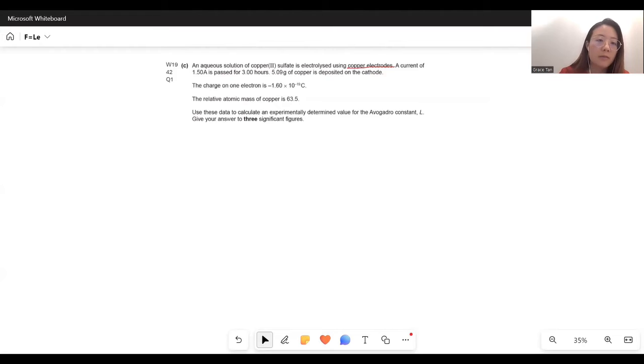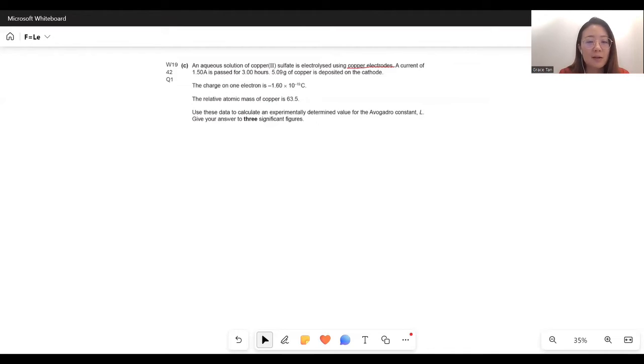A current of 1.5 ampere is passed for 3 hours, and 5.09 gram of copper is deposited on the cathode. The charge of one electron is negative 1.6 times 10 to the power negative 19. The relative atomic mass of copper is 63.9. Very convenient.